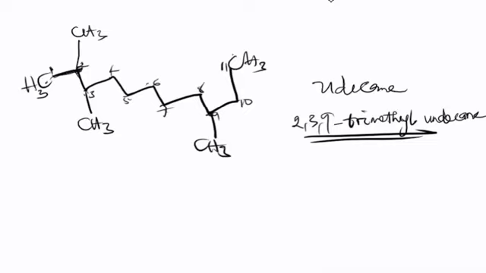So this is the right way to name, because I want my alkyl substituents to have the lowest possible number. Alright, so if you got this, I'll go ahead and wipe this off, and then we'll look at the next rule.